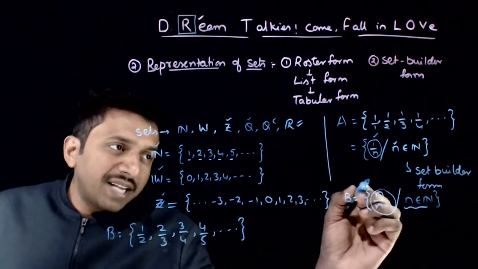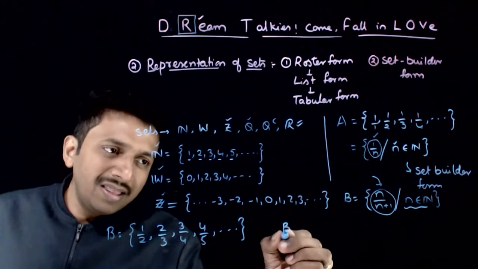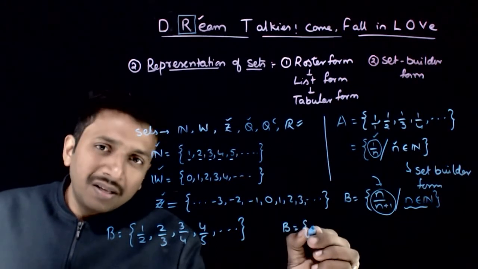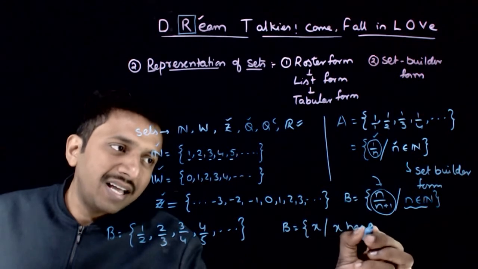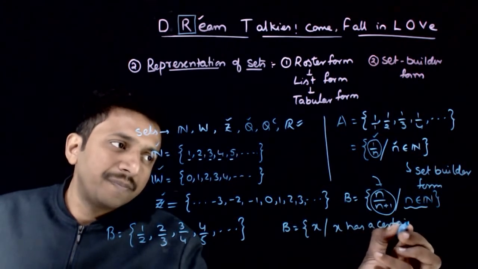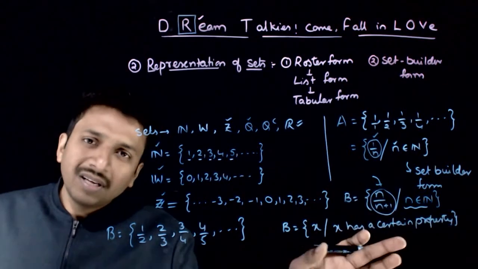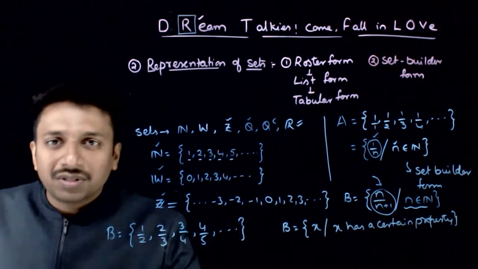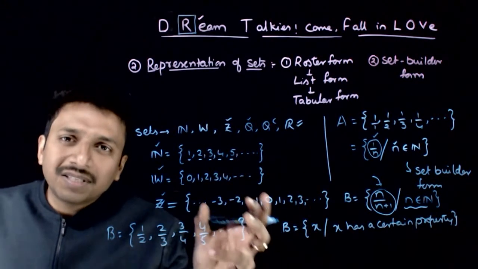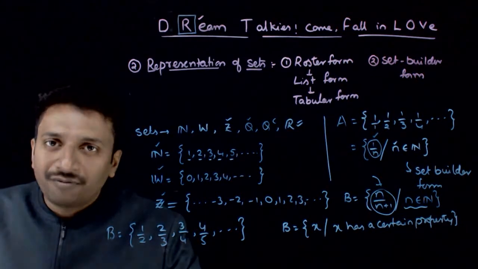So in the flower bracket, the element x such that x has a certain property. This is how the set builder form of a set looks. So let us look at some more examples to better understand roster form and set builder form.